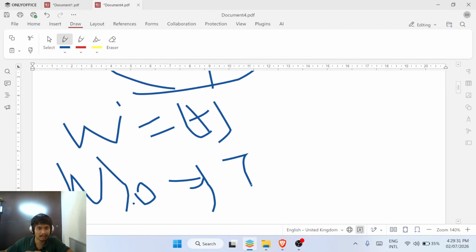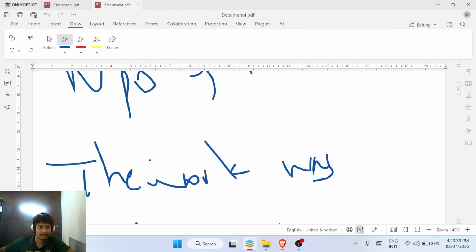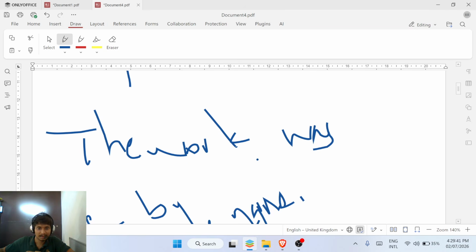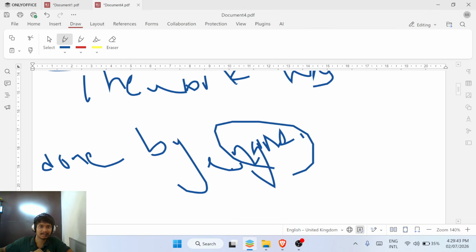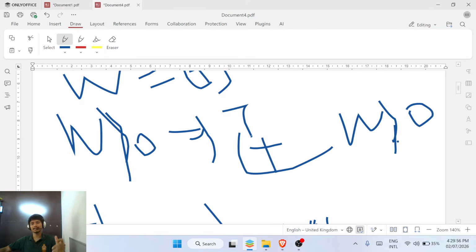W is positive, W greater than 0 implies the work was done by the engine. As we already discussed in the part one video, if W is positive, the work was done by the system. Here the system is the engine. Therefore, W greater than 0, the work was done by the engine. That's the final answer.